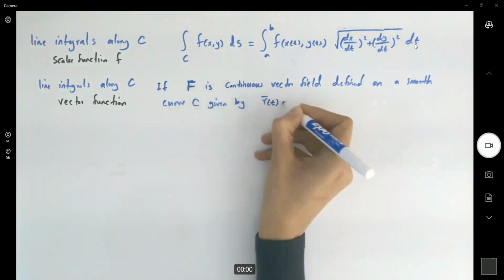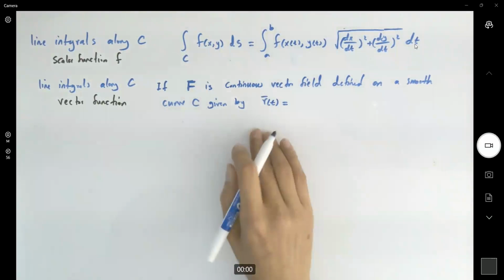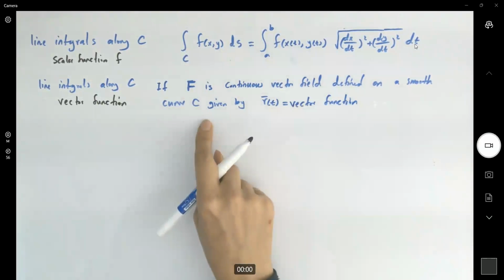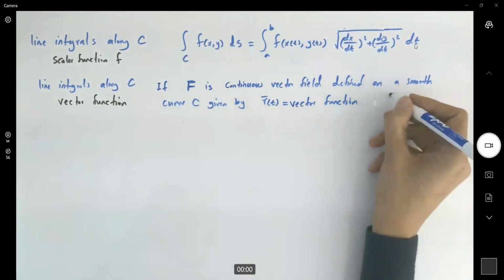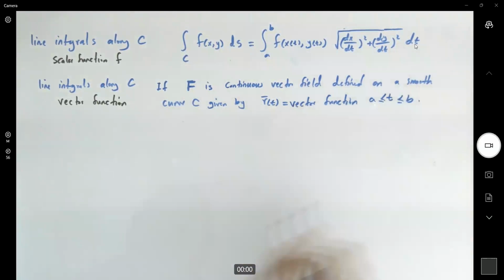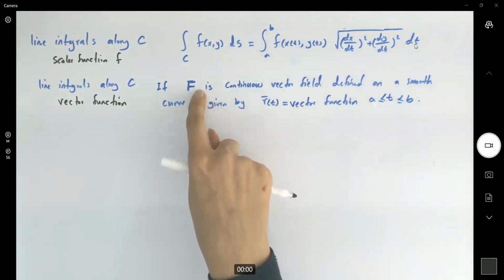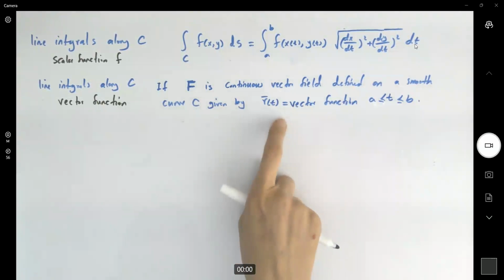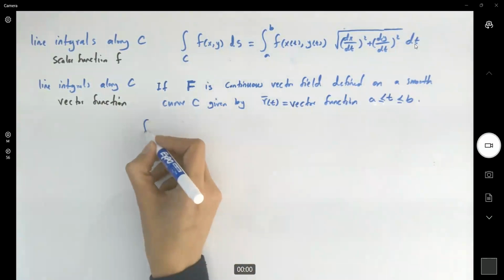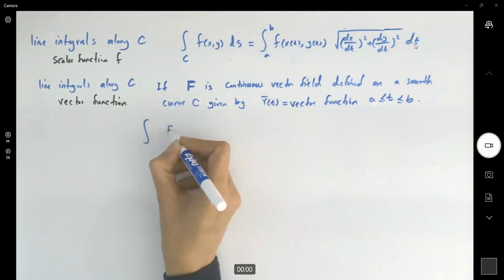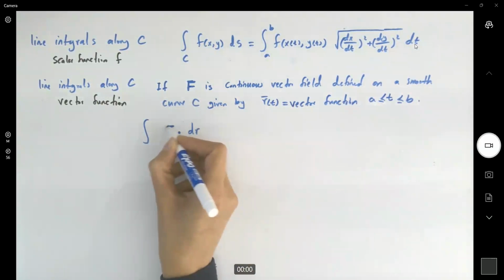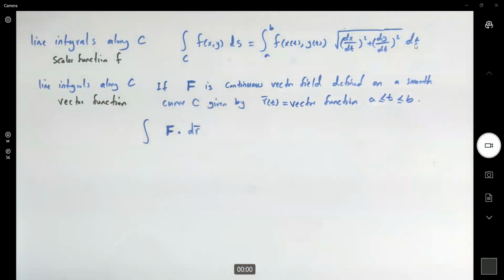r of t is equal to just the vector function representation for C, and your t is bounded between a and b. So you have a continuous vector function over a smooth curve, which is also given by r(t), which is a vector function. Then the line integral of f dot dr, so bolded letter f, and also your r as a vector.